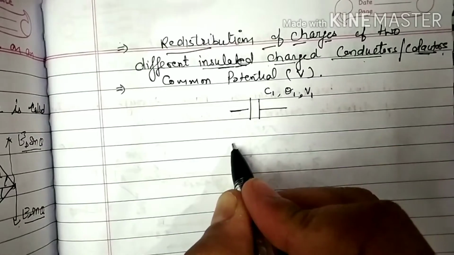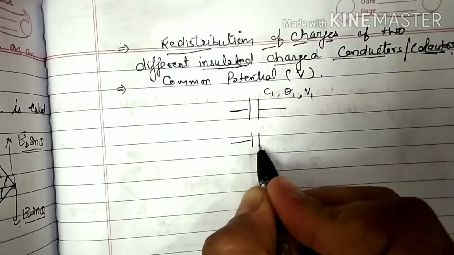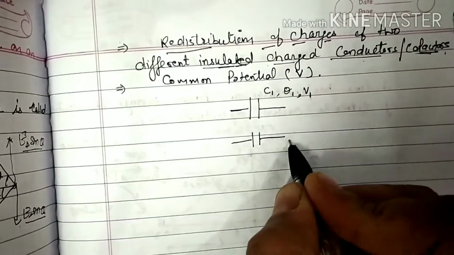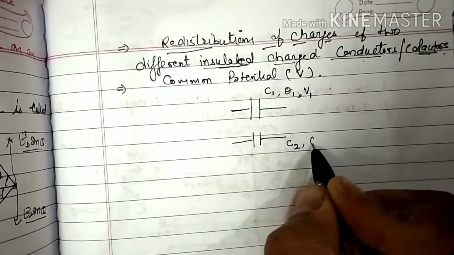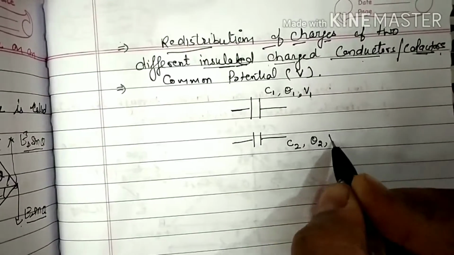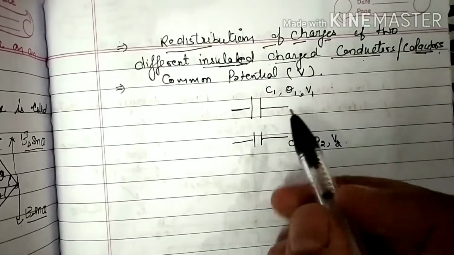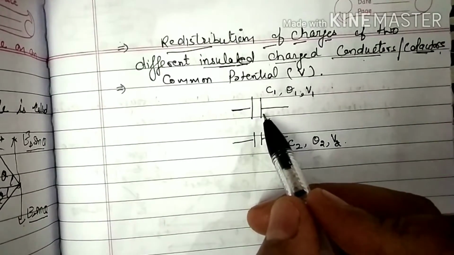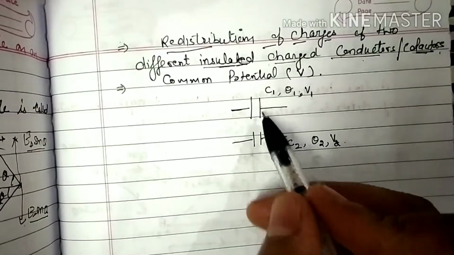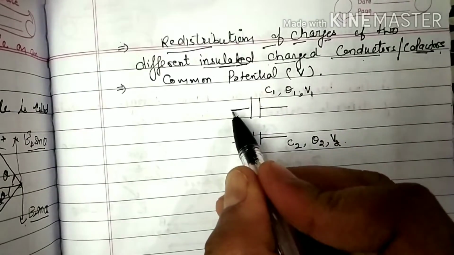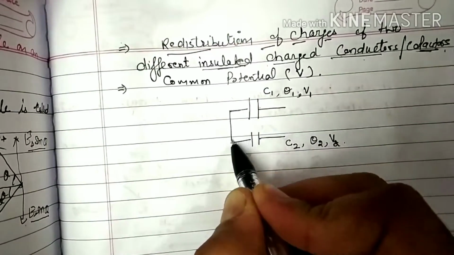And one more capacitor is having capacitance C2, Q2 be its charge and V2 be its potential. Now these are two insulated charged conductors or capacitors, and they are connected with the connecting wires.